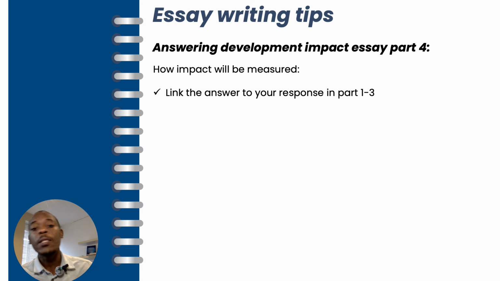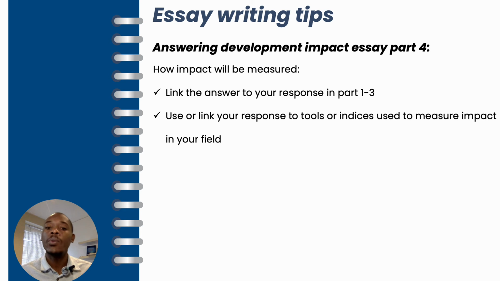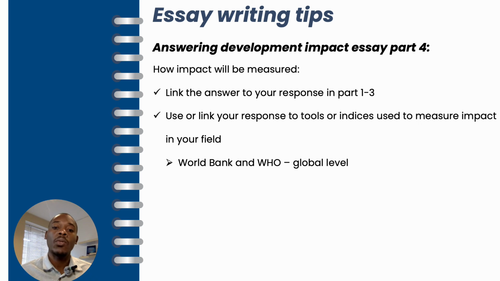So you link that. Once you link that, then you link your responses to different tools or indices that can be used to measure the impact in your field. Different fields use different indices. So some of the tools that you can use would be like the reports that WHO and World Bank usually release.